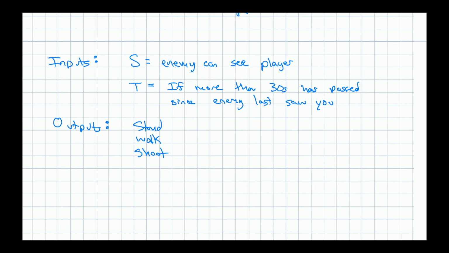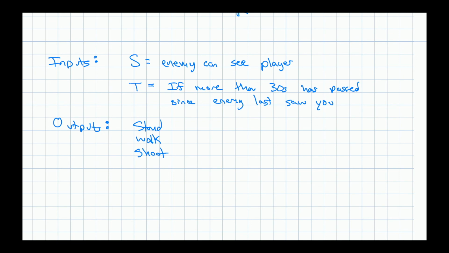These are mutually exclusive, right? If it's been more than 30 seconds, then obviously the enemy can't see you right now. And if the enemy can see the player, then obviously it has not been more than 30 seconds.